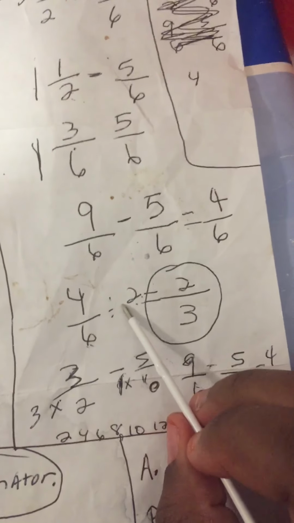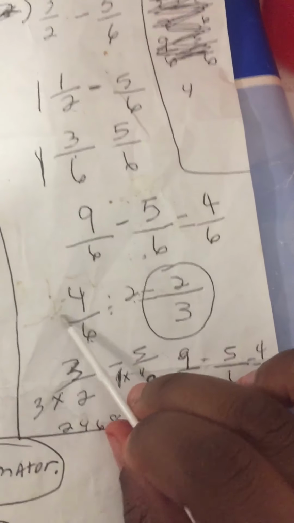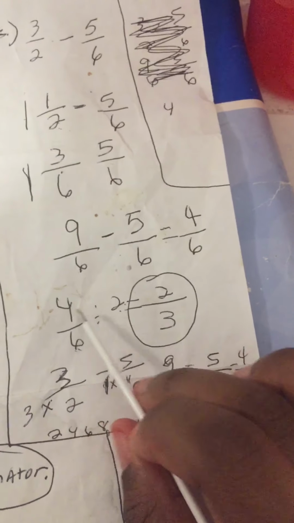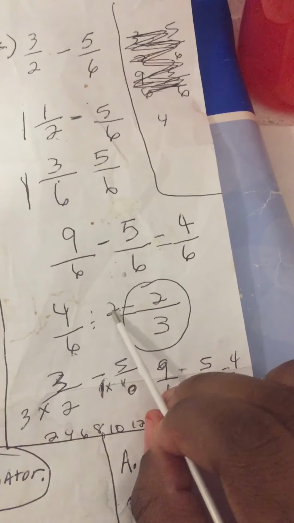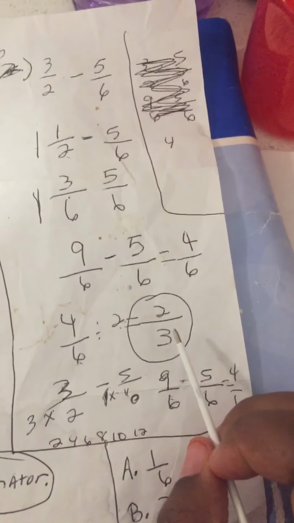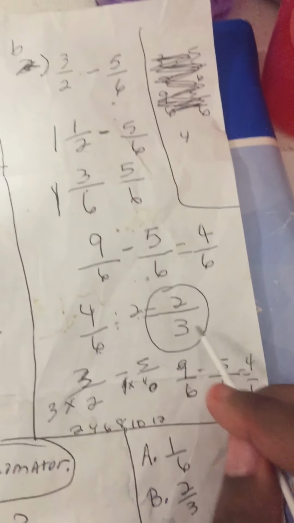Both of these numbers are divisible by 2. So we're simplifying it right now because both of these numbers can be divided by 2. 4 divided by 2 is 2. 6 divided by 2 is 3. So this is the answer right here.